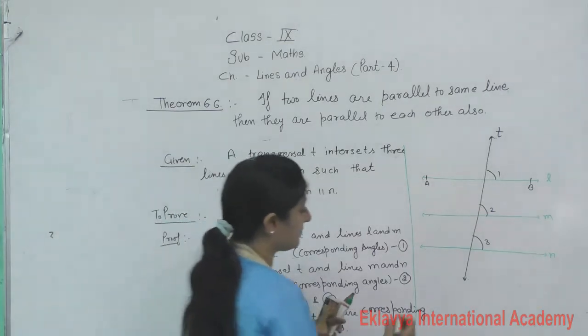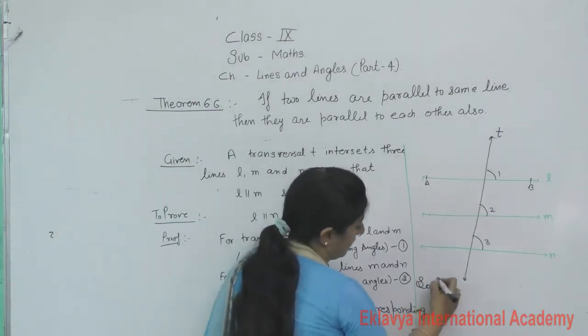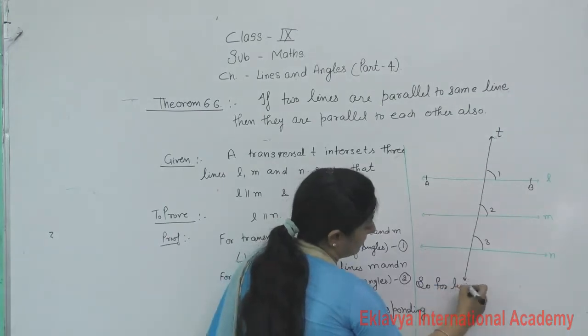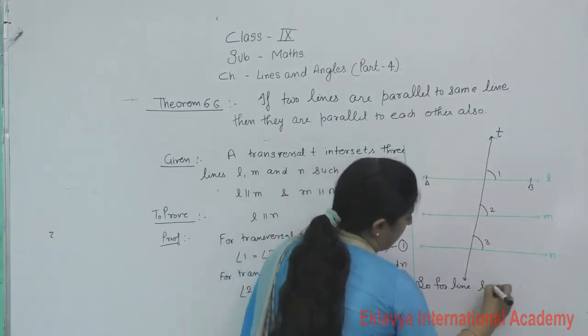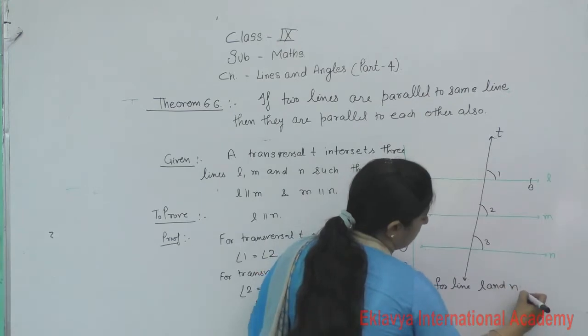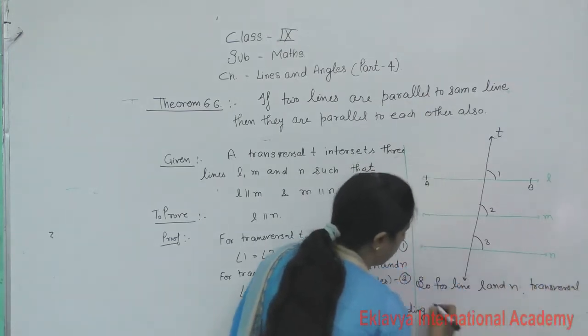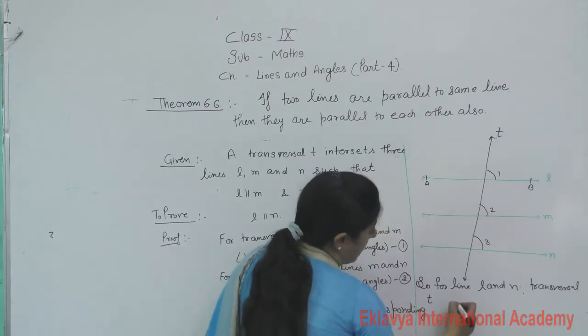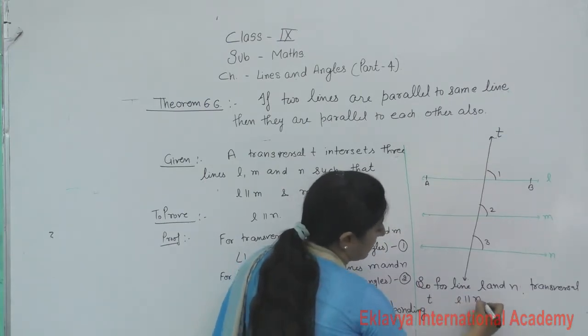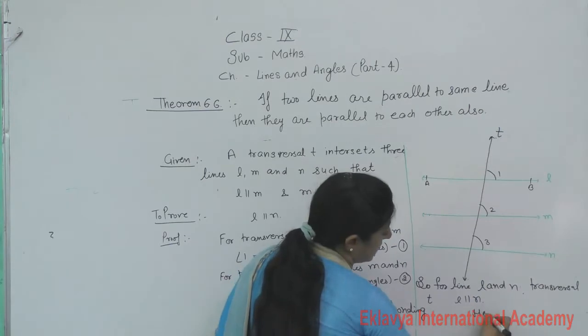So for lines L and N, transversal T, L parallel to N, hence proved.